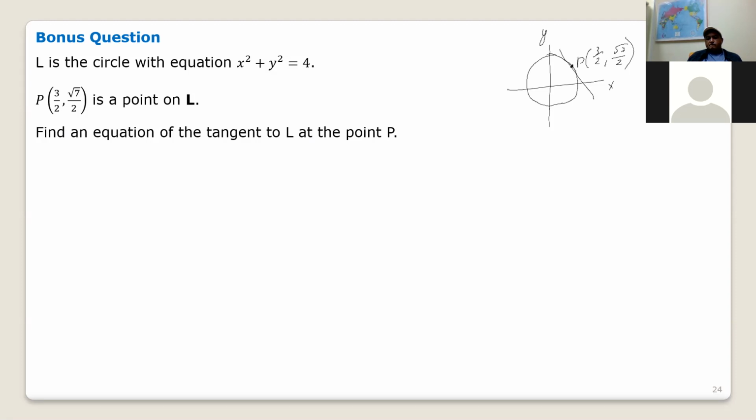So like this way. That's a straight line, a tangent to the circle at this point, right? So the question is, find an equation of the tangent. You need to write the equation of that line.